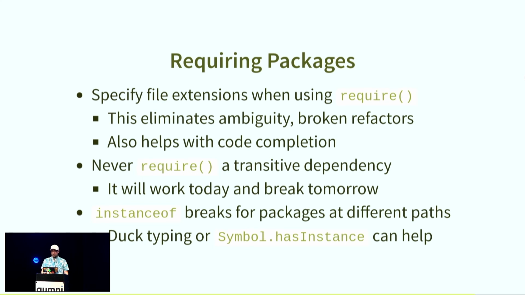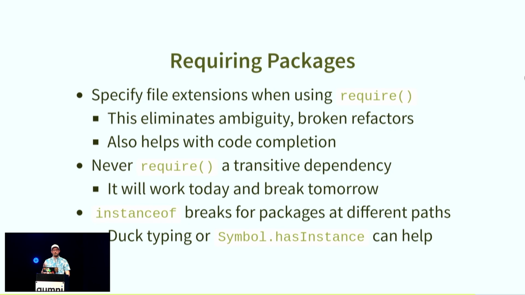Another fun thing is that the instanceof operator is going to break if you install packages at different locations in the file system. Even if you have qs version 1.2.3 installed in multiple places, even though it seems like it's the same package, if you have a class instance exported in one, and you try to check if it's an instance of a class in the other one, that check will fail.